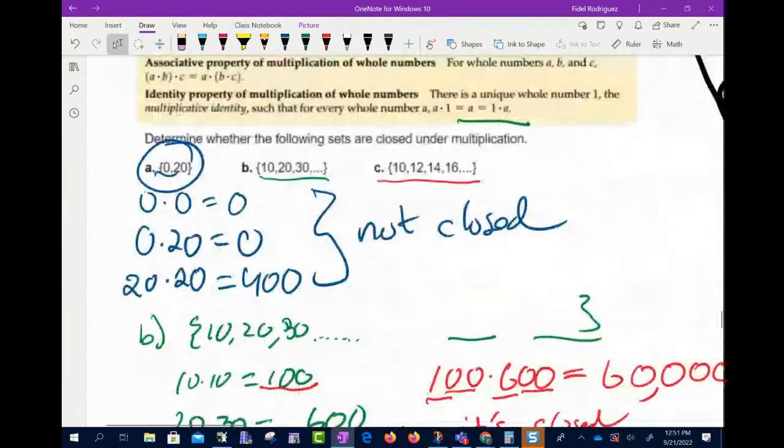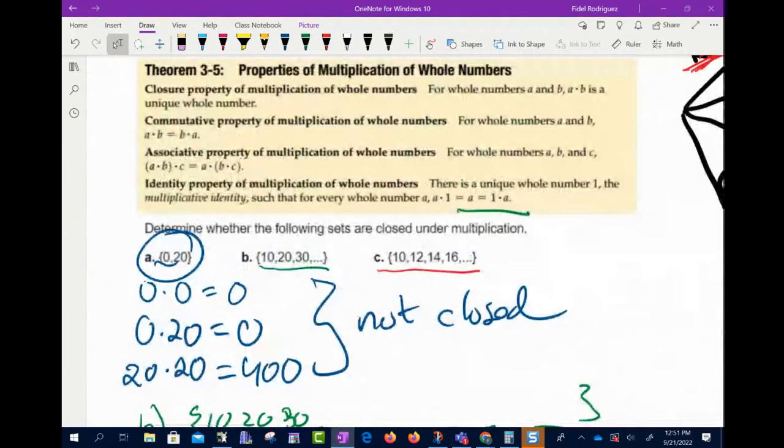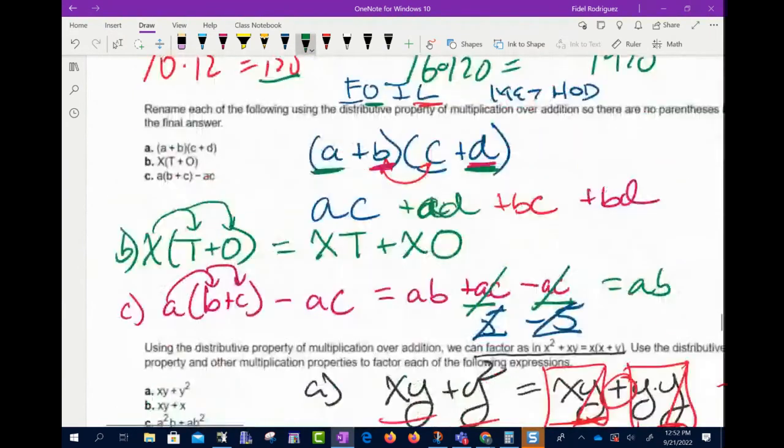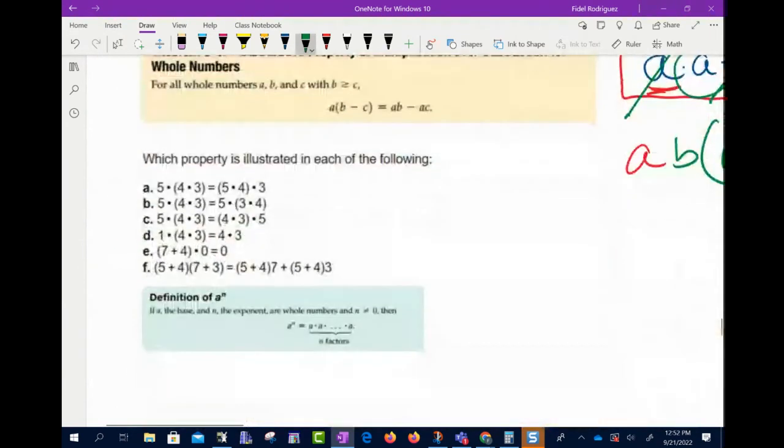Are we using the commutative property, which says you can reverse the numbers? Are we using the associative property, which means you can group them differently? Or are we using the identity property, which says we're multiplying something by 1? Okay, so let's take a look and see if we can figure out the next problem that I have here.